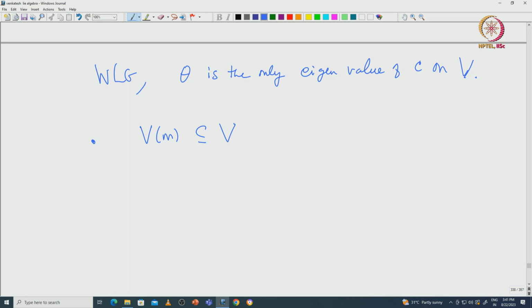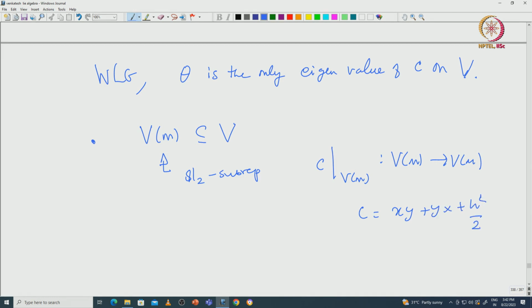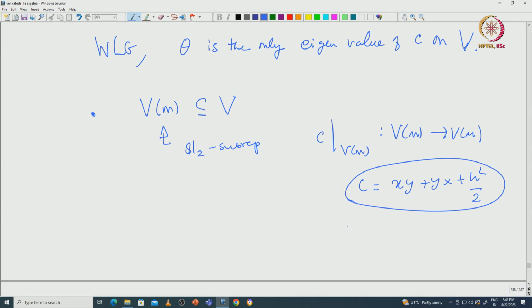Then we can calculate how this C acts on this V of m. Since this is an sl2 sub representation, C will map V of m to V of m, because C is nothing but XY plus YH plus H squared by 2. Each element in this expression will map V of m to V of m. C has eigenvalue only theta, but C also commutes with the sl2 action.